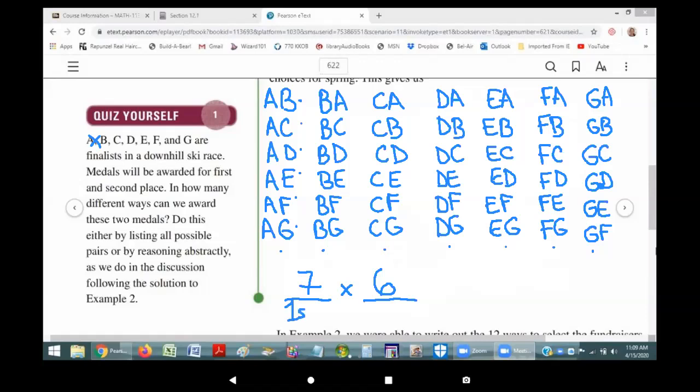So there's 7 possibilities for our first place winner, and once we pick a first place winner, there's 6 possibilities for our second place winner. And we listed out all 42 ways. And we also represented the abstract reasoning.